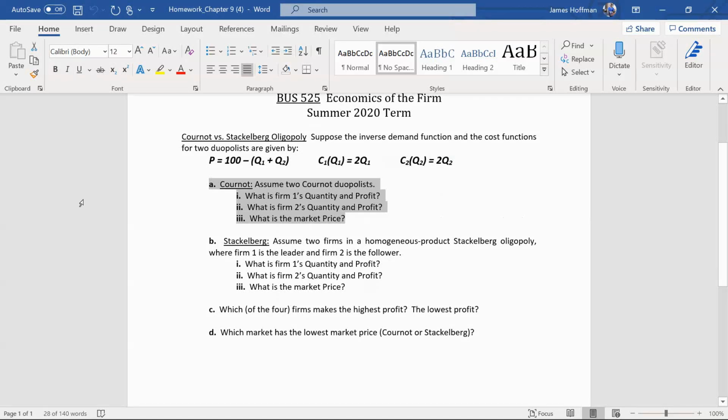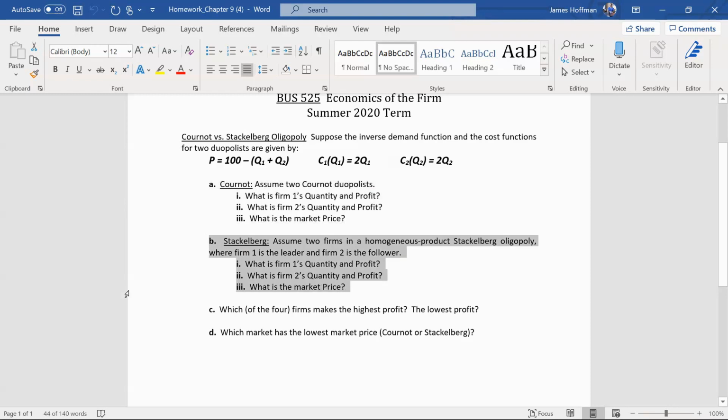All right, the first part is to do it from the Cournot perspective. So assume it's a Cournot market. Find firm 1's quantity and profit, firm 2's quantity and profit, and then the market price for the Cournot type.